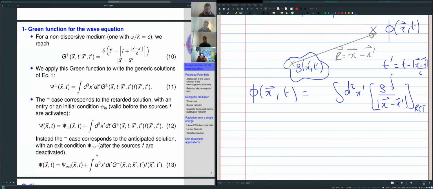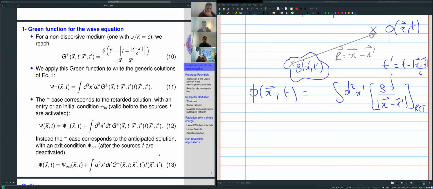Okay. Now, I can't remember why I'm talking about this initial condition time before the sources are activated. I need to refresh my memory a little bit about why I'm talking about these sources being activated and deactivated.